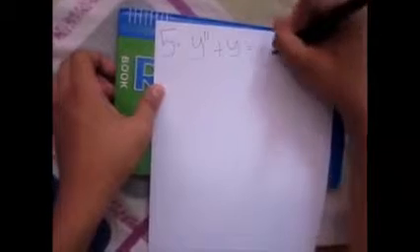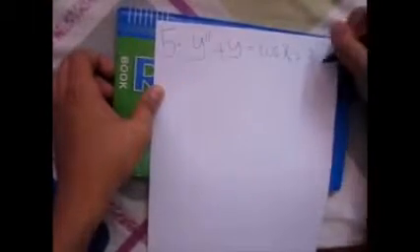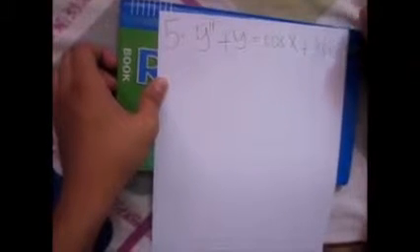This is my question number 5, which is y double prime plus y equals cosine x plus 3 sine 2x.